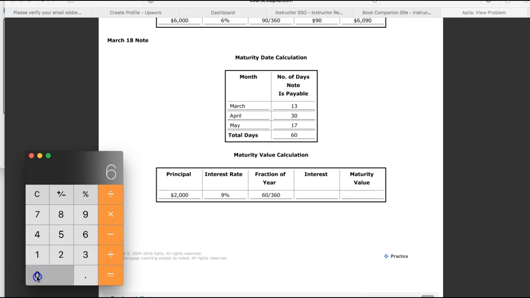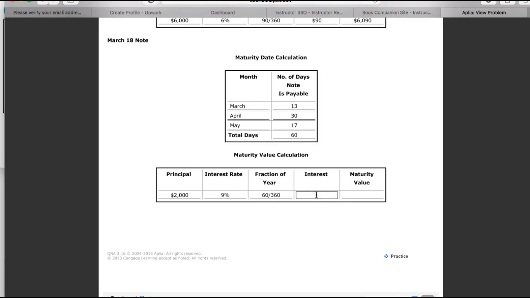So 60 divided by 360 gives me 16.7%. I'm going to multiply this times our 2,000, and then multiply it again times 0.09, which is our 9%. That gives us $30. So our interest is $30.